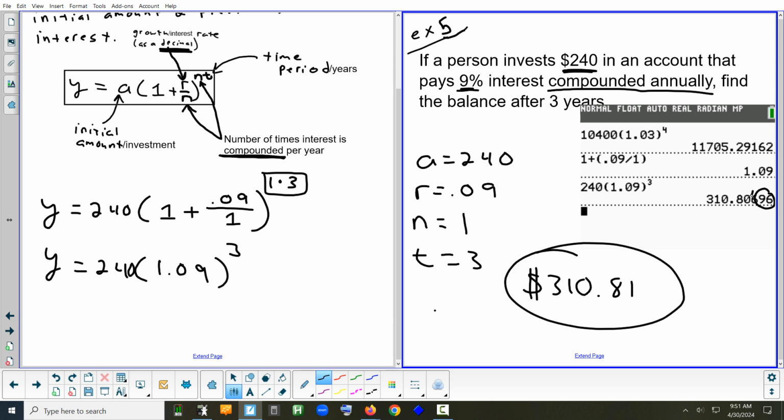I don't remember the exact case, but there have been cases like that. Now there are probably computers that might detect stuff like that. But the point is it's a big deal to make sure you round properly. All right, so $310.81. Any questions on that?